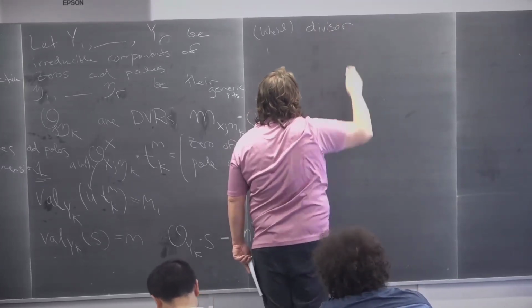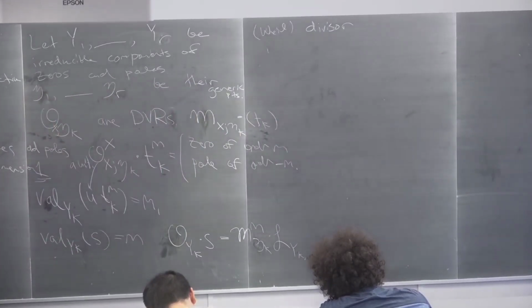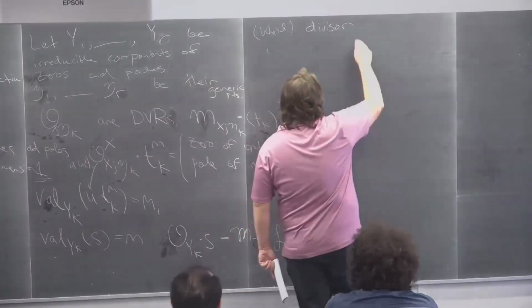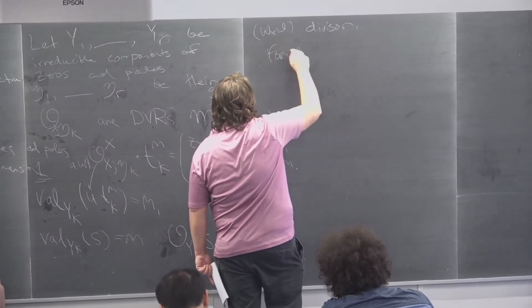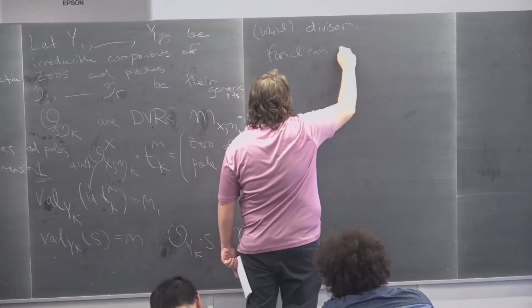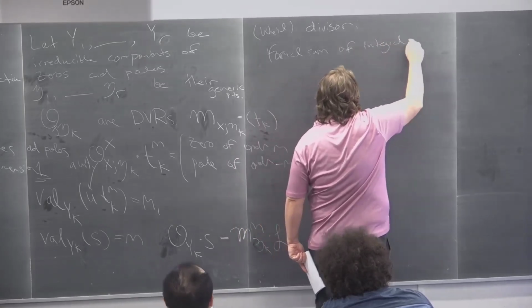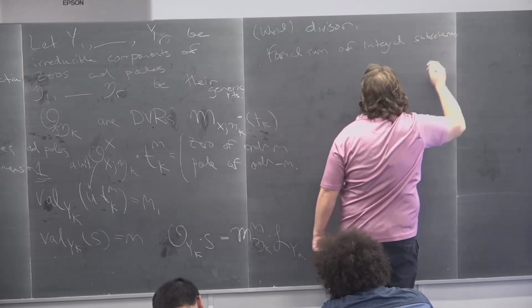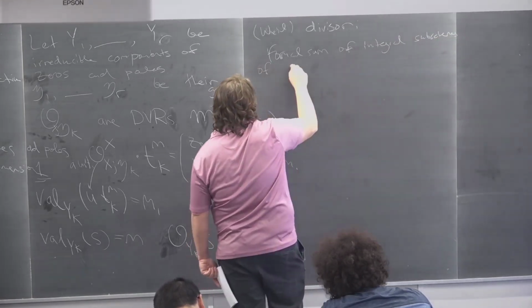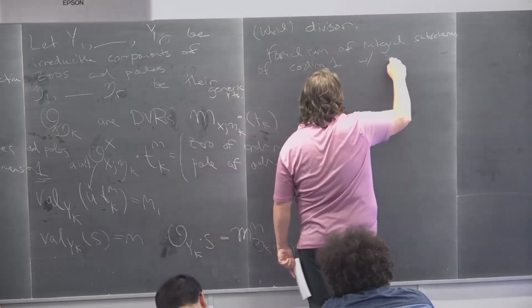So this is most often what people mean by divisor, but there are other competing notions of divisor, which can be important. So this is a formal sum of integral subschemes of codimension 1 with integer coefficients.